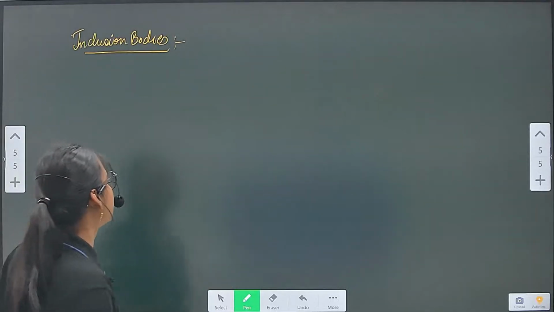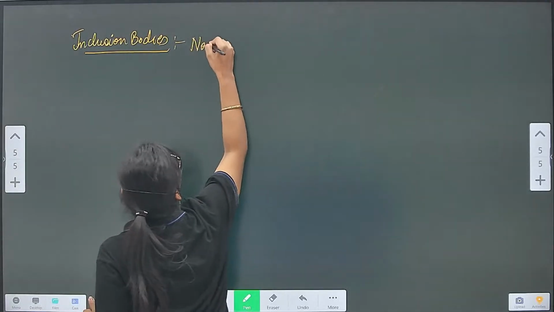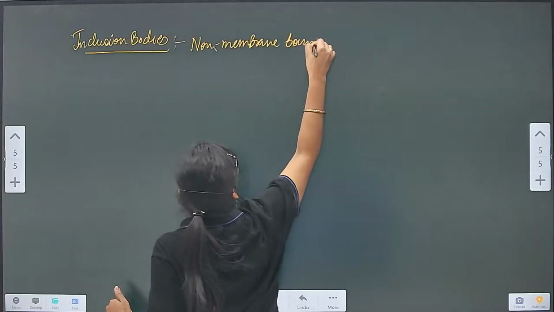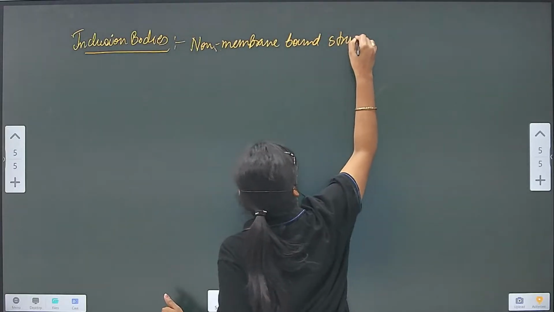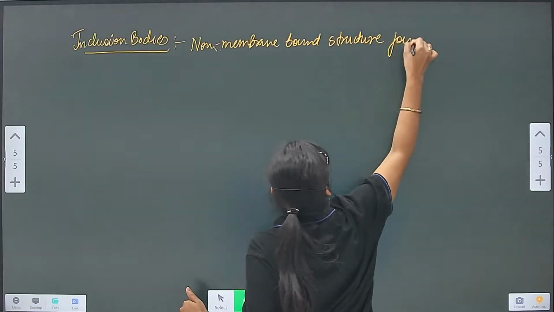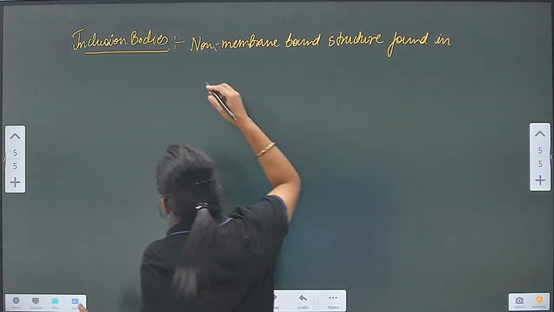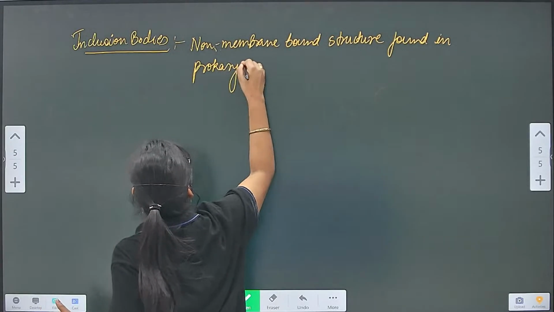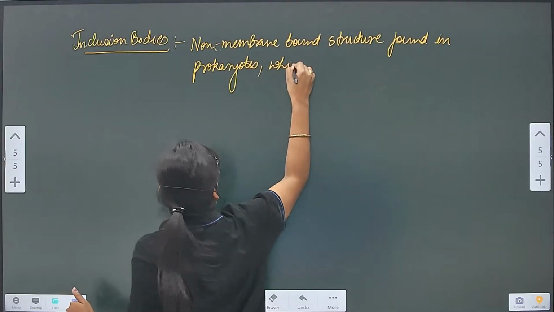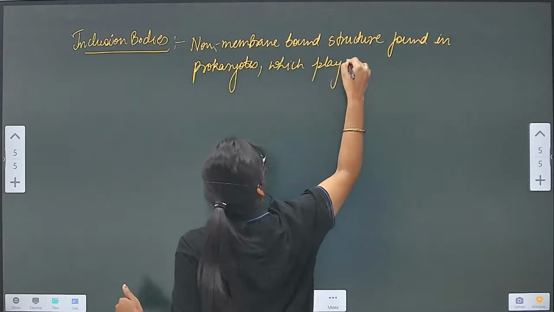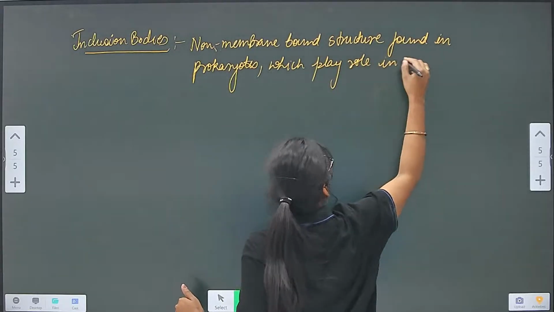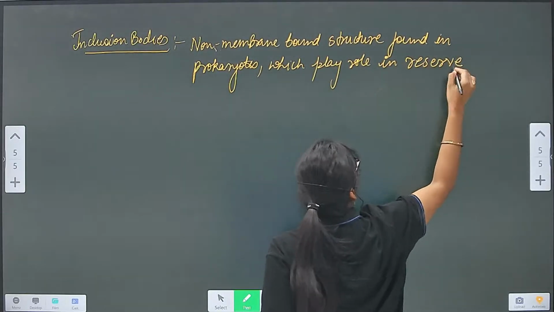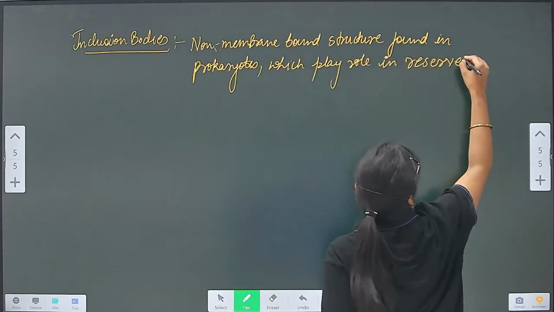So this is a non-membrane bound structure found in prokaryotes which plays a role in storage or acts as a reservoir.